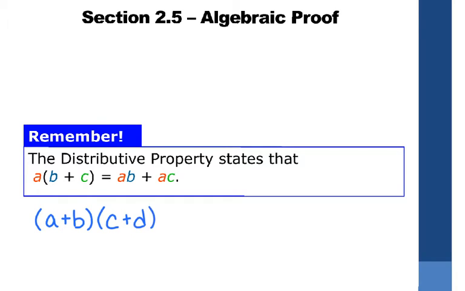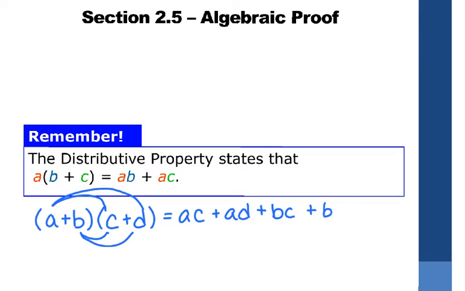Remember, you want to use something called the FOIL method, where you multiply first terms together, so AC, outer, that's AD, inner, BC, and then last, BD. Okay, so that's another part of the distributive property.